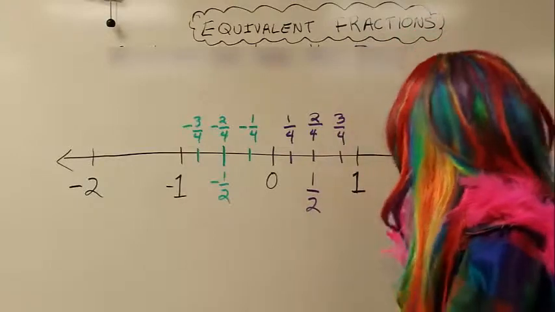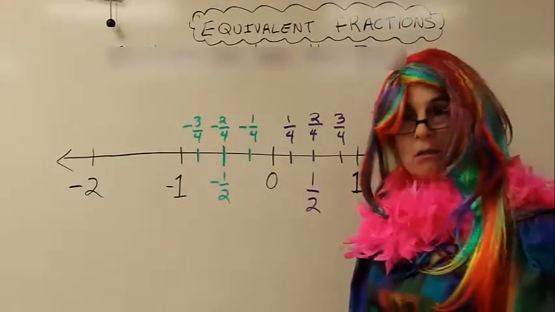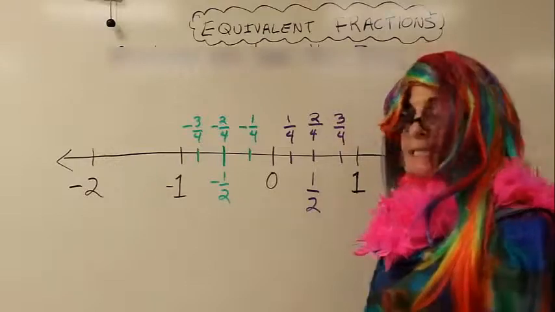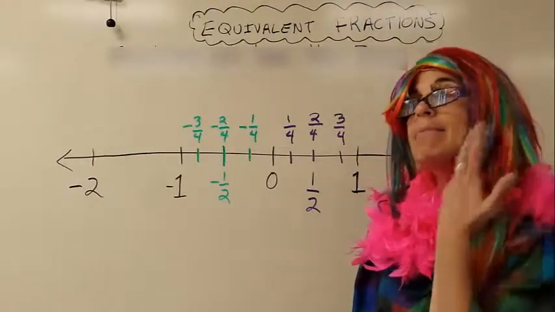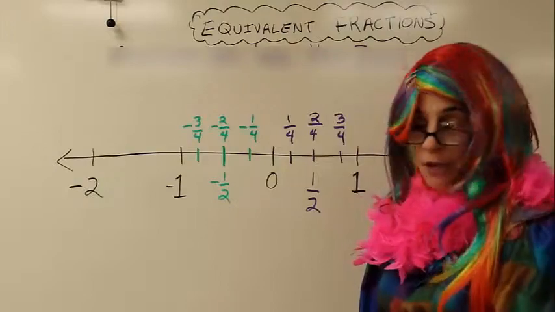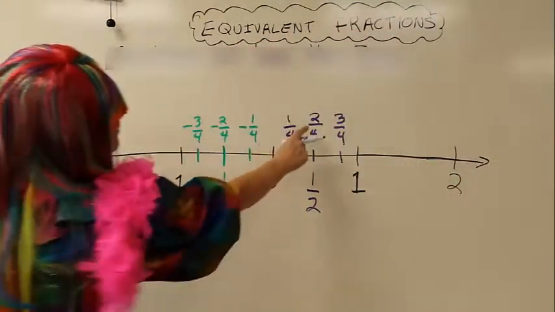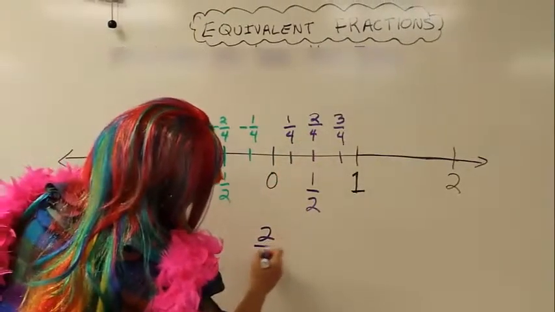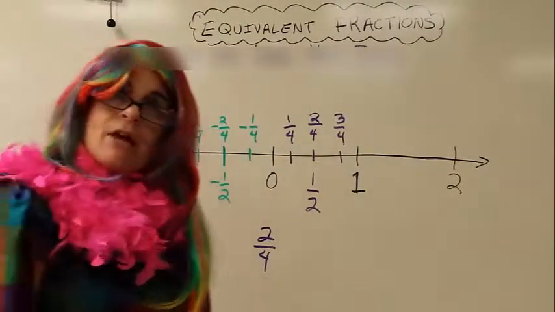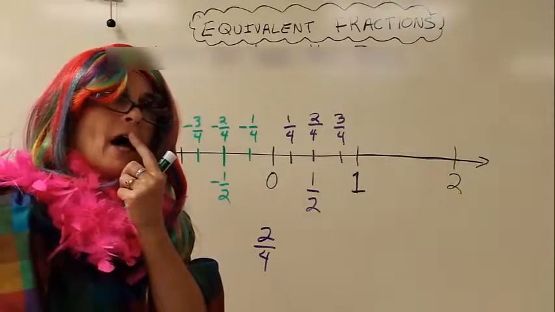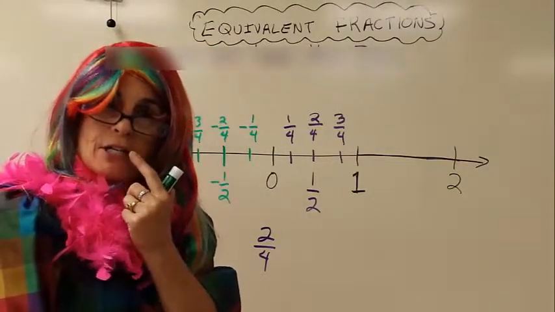So how do we know if they're equal? Well, we do something that's called simplifying. We can simplify fractions to see if they're equal. For example, we have 2/4. And then we say to ourselves, what number can I divide into both the numerator and the denominator?